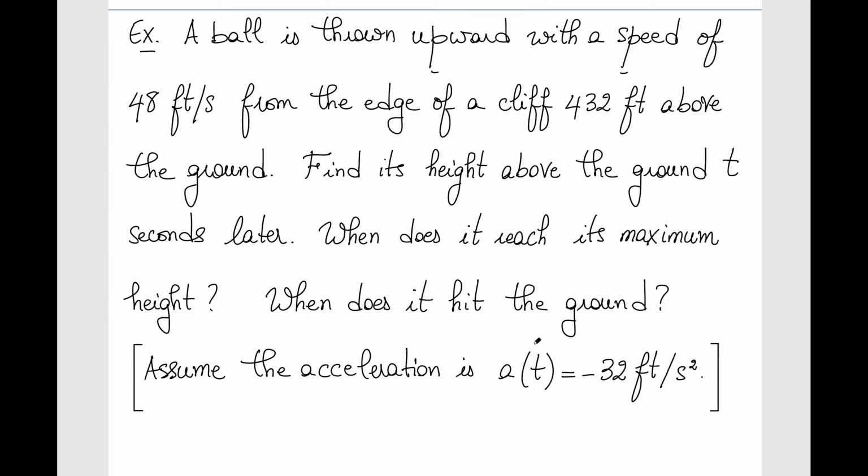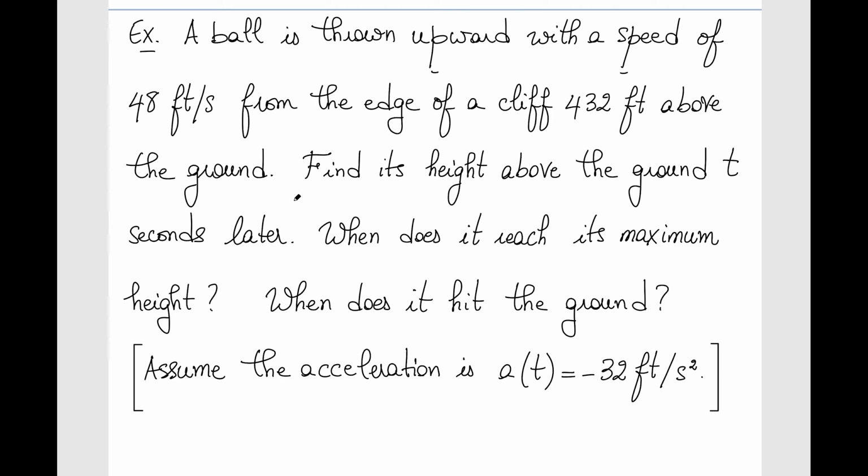And the position in this case is a height, because we are throwing the ball upward, and the assumption is it's going to remain vertical all the time, so no inclination.